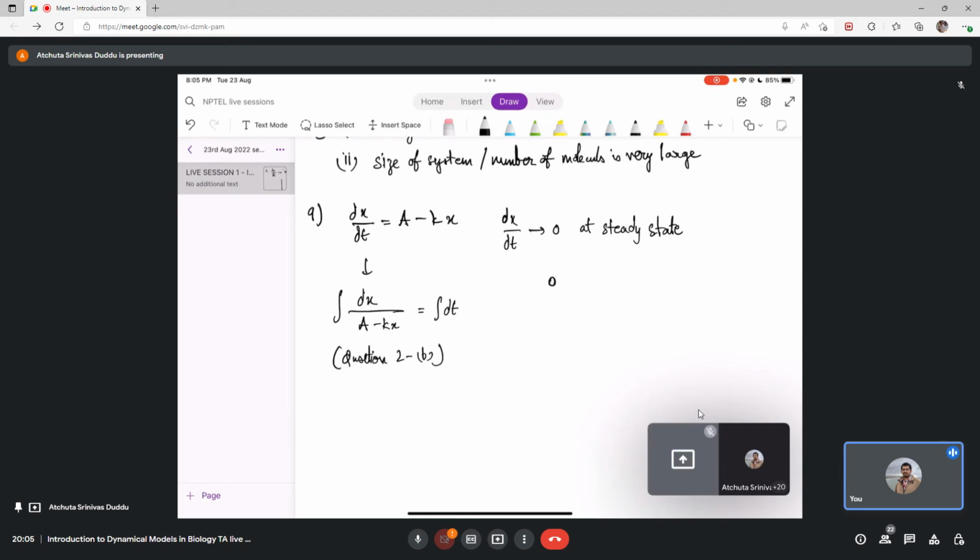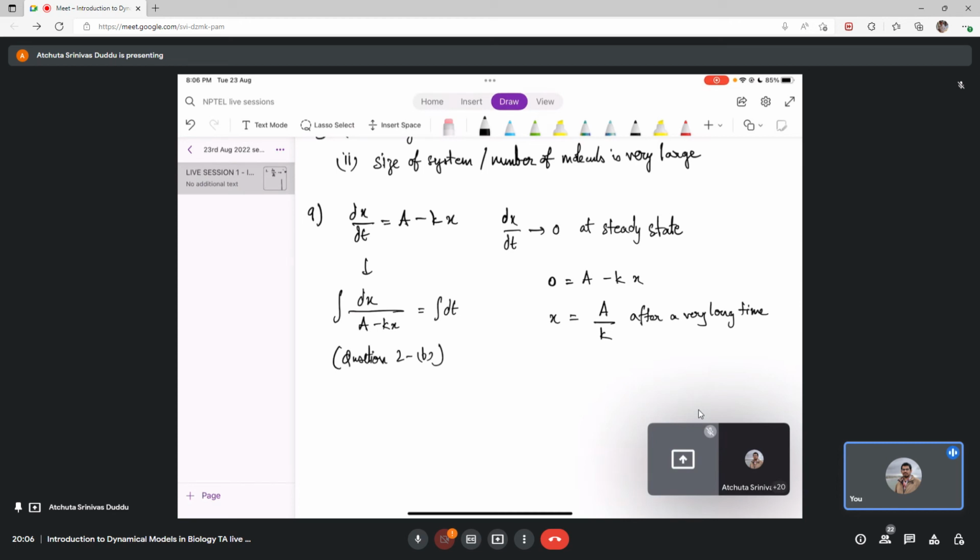So what would that be? LHS would be 0. We'll have a minus kx, and directly we have x equal to a by k at steady state, or after a very long time. What you have to understand here is that for the systems we are considering, when we write an ODE, we focus on the steady state behavior of the system to understand what the system finally exists at.